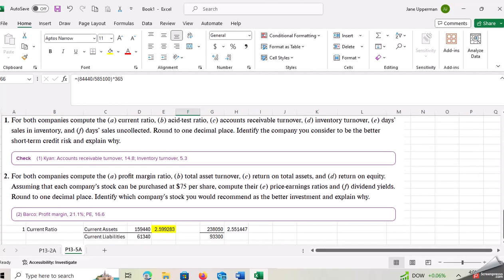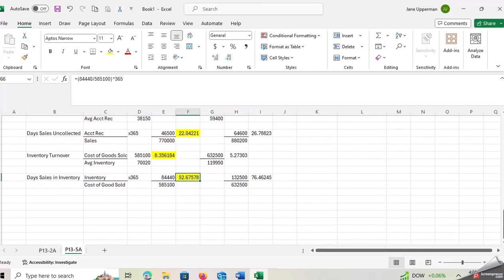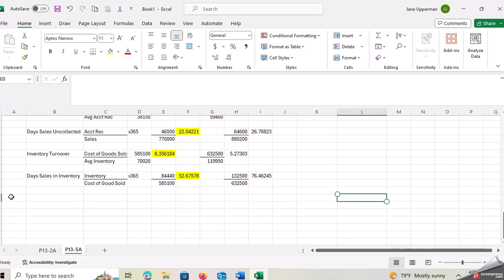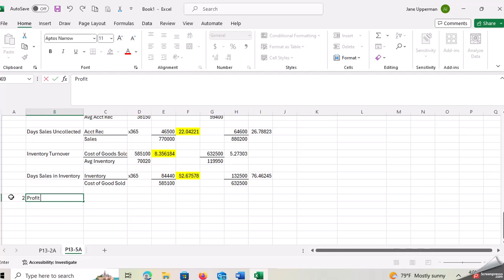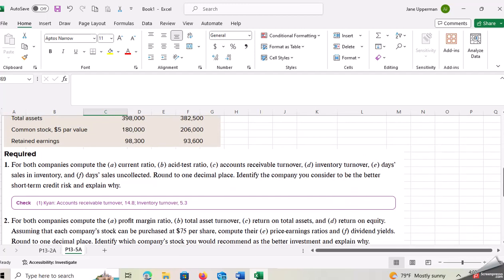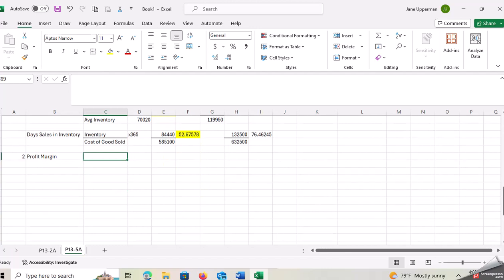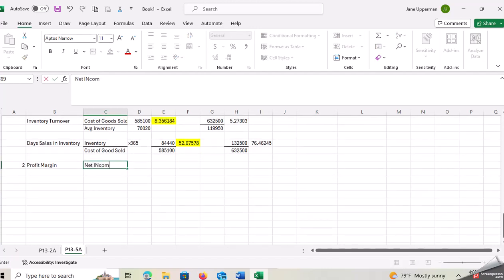Okay, that was number one. Then number two, we have our profit margin ratio. So our profit margin is our net income divided by our sales.